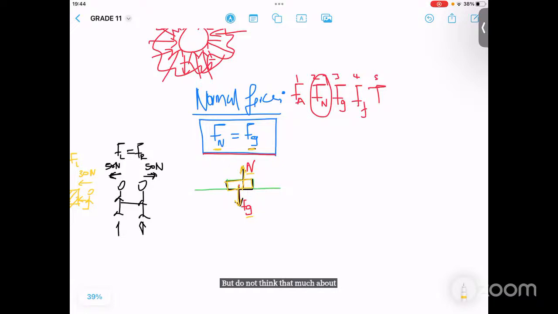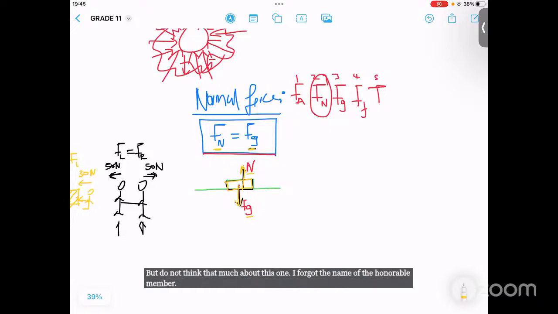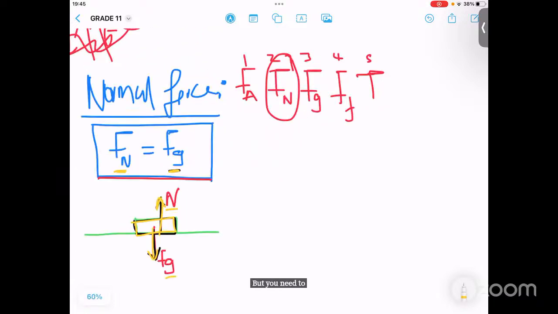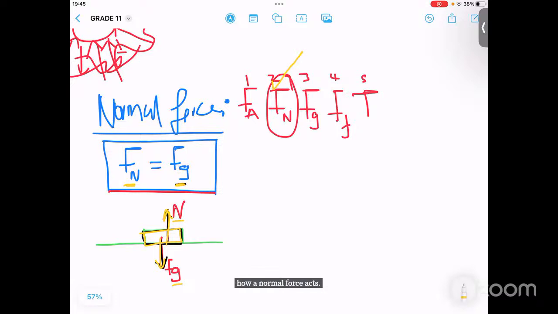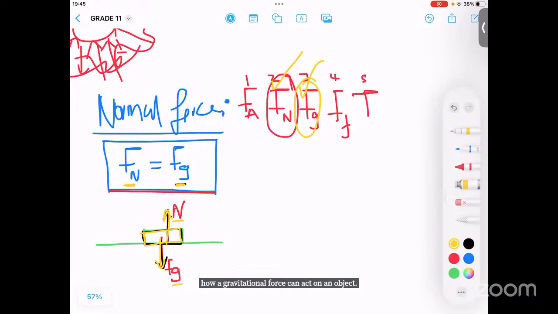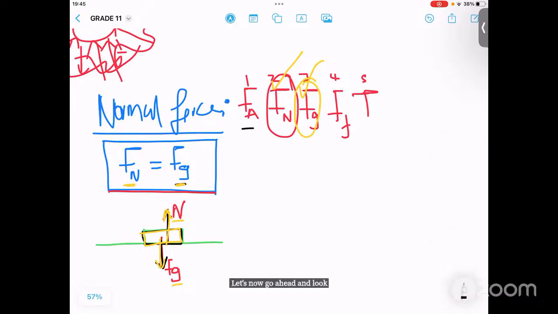I forgot the name of the honorable member. But you need to be aware that we've just indicated how a normal force acts on an object. And simultaneously, we've explained how a gravitational force can act on an object. Let's now go ahead and look at how an applied force can act on an object.